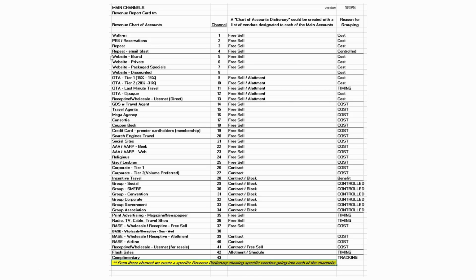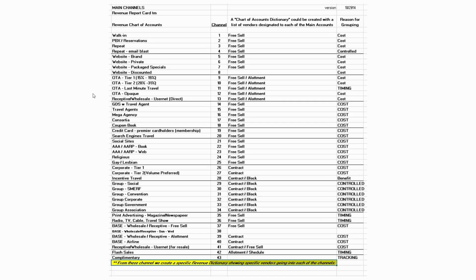Not all hotels have the same needs, so if you're a flagged hotel, you would have a website brand or your private brand, as opposed to package deals, which you may want to separate, and website discounted deals. OTAs have different characteristics. We know that some charge you 15% to 19%, others 20 to 31%. Some of them base themselves on last-minute travel, and of course, you're dealing with opaques and receptive wholesalers, some of whom are now selling directly to the end user. So we like to separate them because each channel can be turned on, off, or restricted on its own.